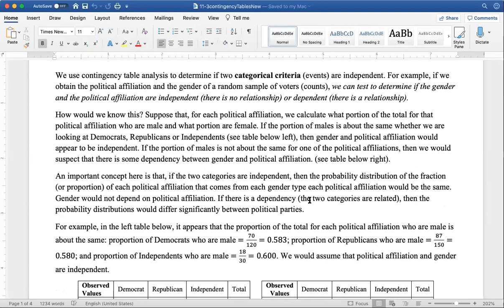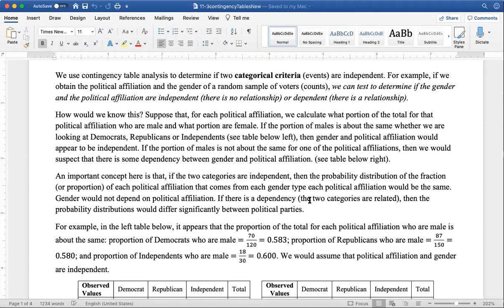And at the same time, from each person, we determine whether that person is male or female. So we've got 6 possible situations here: male Democrats, male Republicans, male Independents, female Democrats, female Republicans, or female Independents.